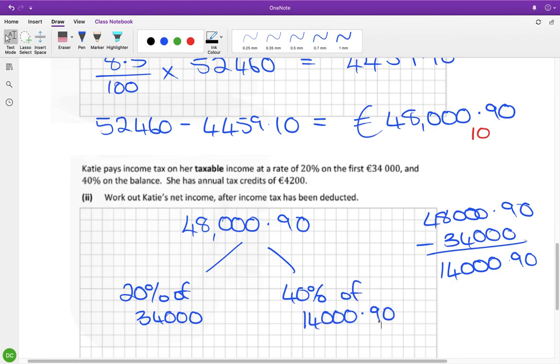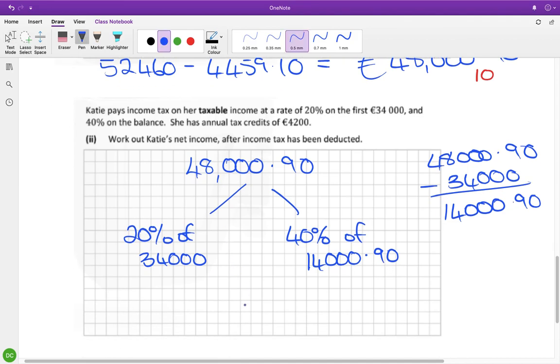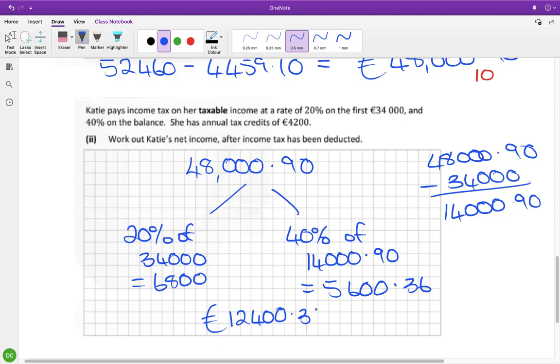So €14,090. Okay. So just because that's in my calculator, I'm doing this one first. So 40% of that is 5,636. 20% of 34,000 is 6,800. So add them up and we get €12,400.36.